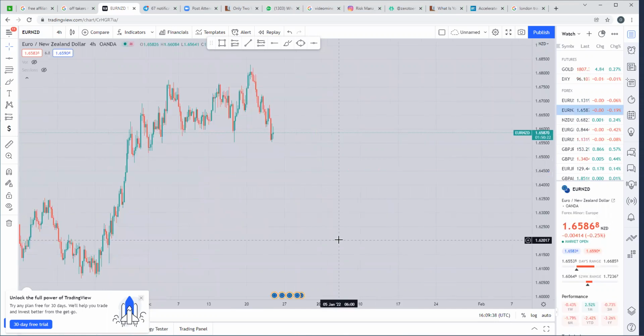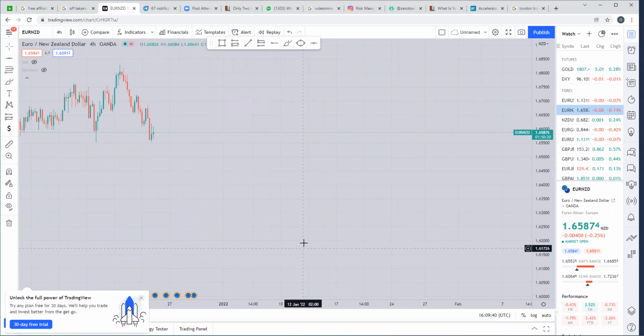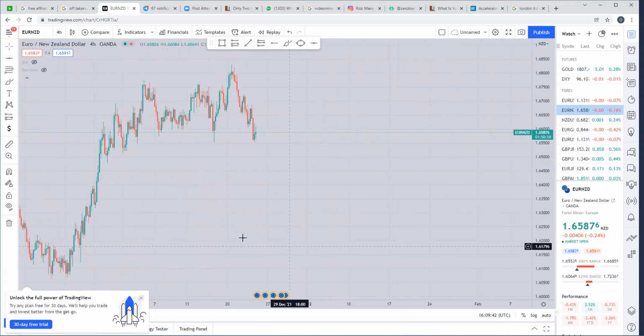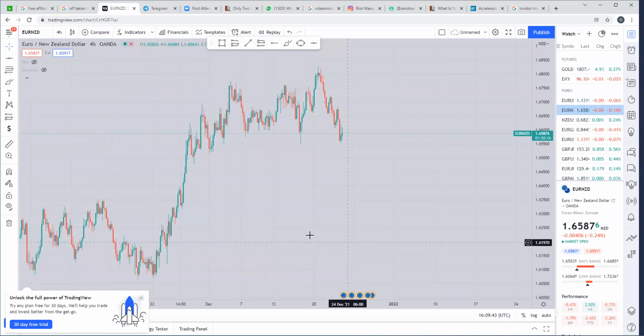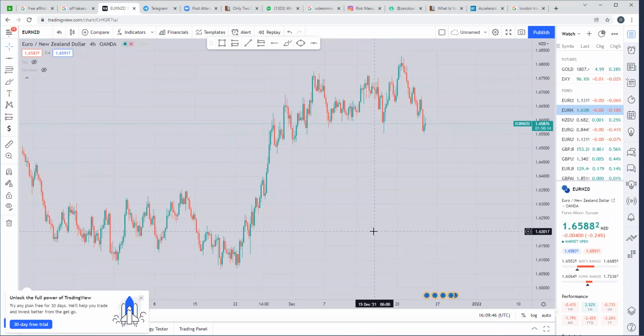Okay, this is a 4-hour time frame, right? Now, an impulsive move is when the market moves like on a trend, maybe a downtrend or an uptrend, and just moves impulsively.